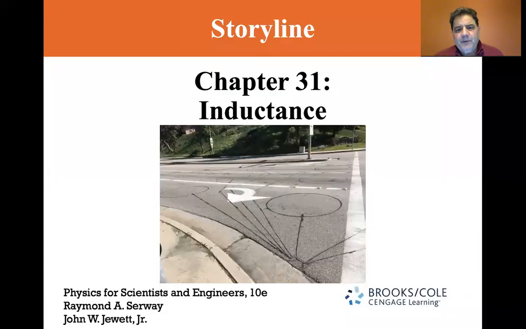It opens up with a little drawing of things you may have seen on the road. The circles you see there are actual loops in the road. They're inductors. They're coils of wire that sense the magnetic presence of your car. Your car is acting like a core in the coil.